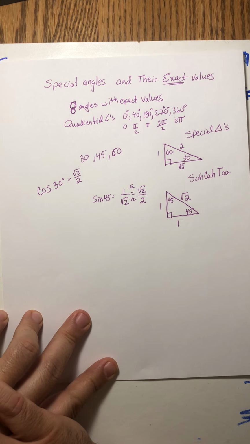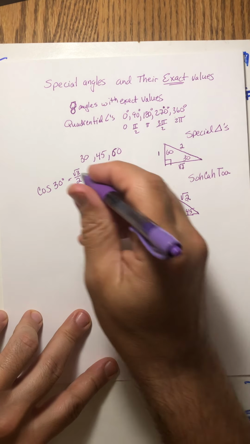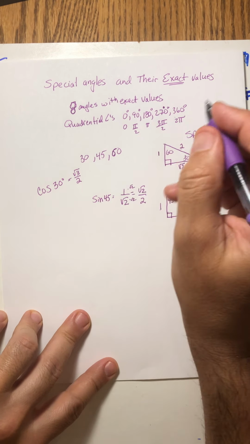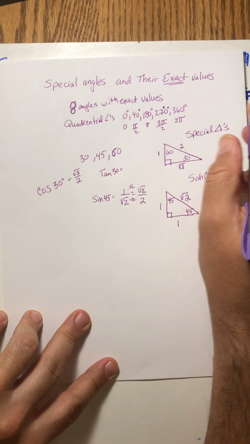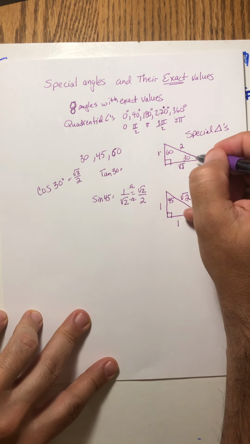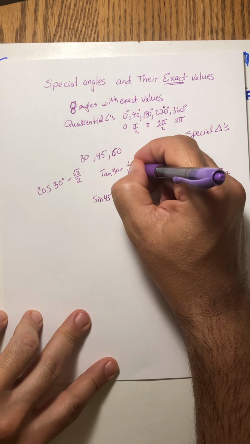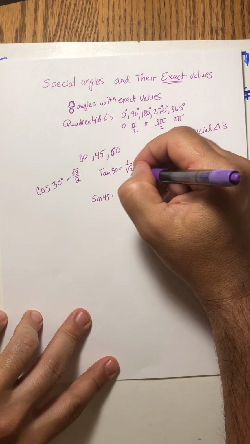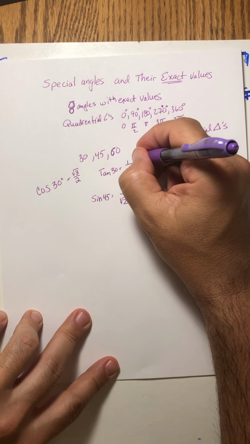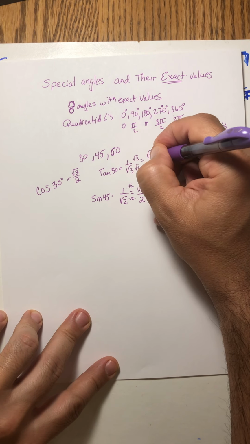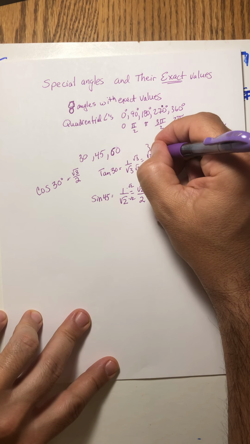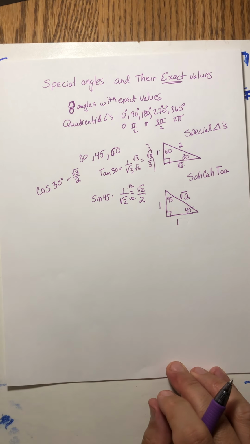If I wanted the tangent of 30, that is opposite over adjacent, 1 over radical 3. Again, rationalize this, it may make your work easier. We multiply top and bottom by radical 3, so we have radical 3 over 3.